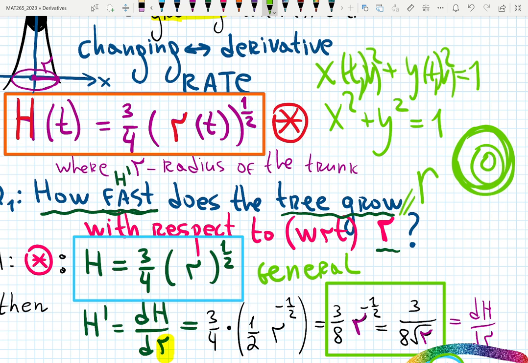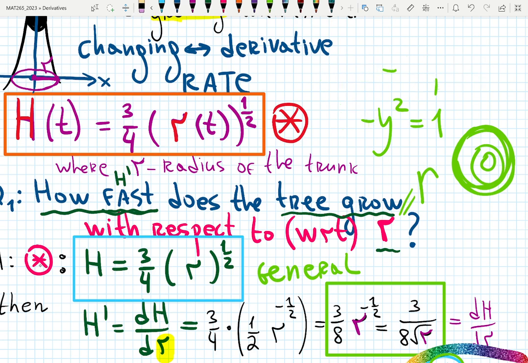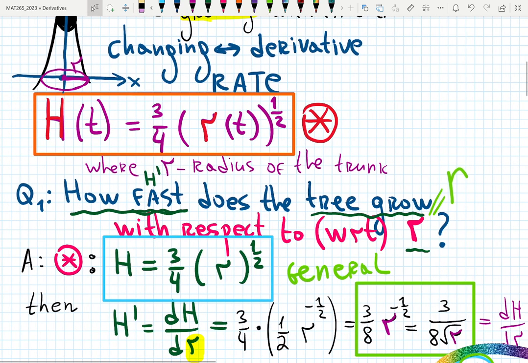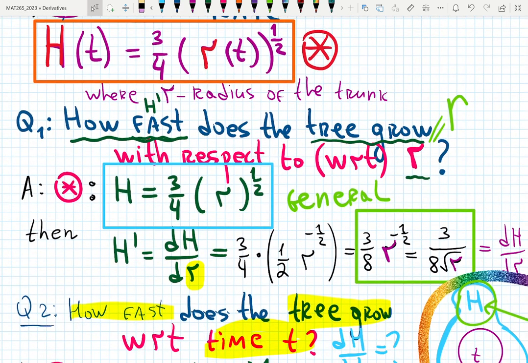If we solve the first question using t, the answer will remain unchanged, if you have something to plug in for t. If we did have h of t, we just have the same answer without dh by dt, because we're still differentiating with respect to r.